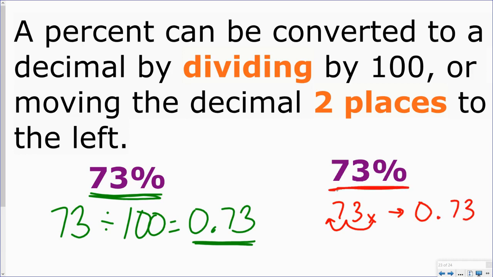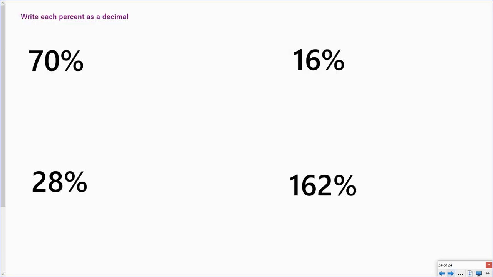So again, 73% as a decimal is 73 hundredths. Let's do the same thing with these percents. Here I have 70%. Again, it's a whole number, so my decimal is sitting right here, and I'm going to move it once, twice.